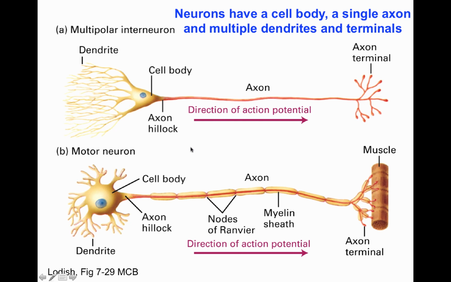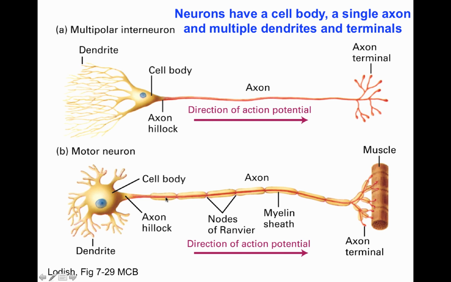Other neurons have different anatomy. In the case of a motor neuron, the motor neuron also has a cell body, different types of dendrites, and of course an axon that facilitates the movement of the signal from the cell body all the way down to the axon terminal. The difference is that the motor neuron has myelin sheaths, which are membranes wrapped many times around the axon.